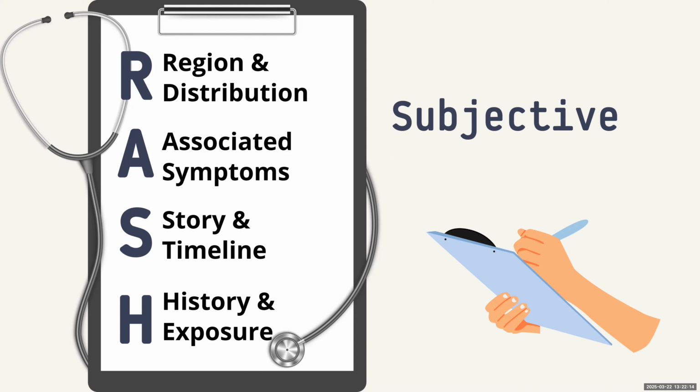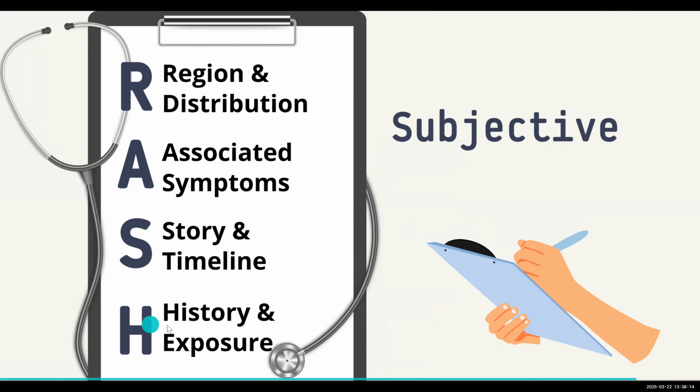That's for R. For A, is the patient presenting with pain, discomfort, other symptoms from other body systems, respiratory, digestive? The S is the patient story. When did it start? How long has it been? Has it changed over the timeline? How has it changed?